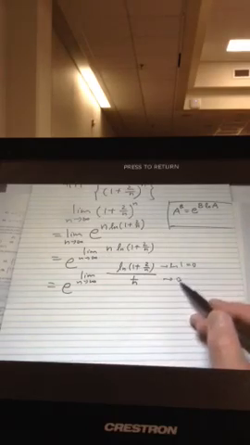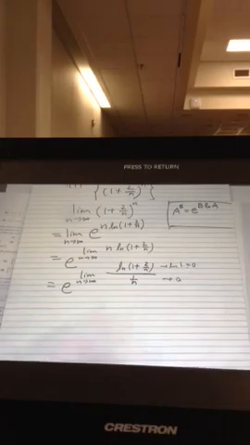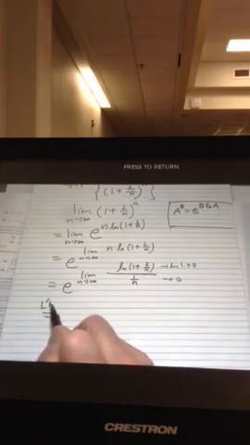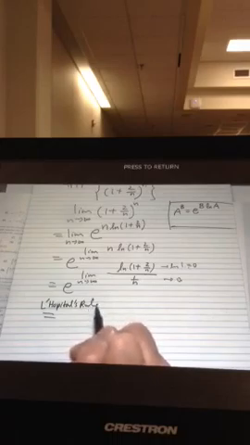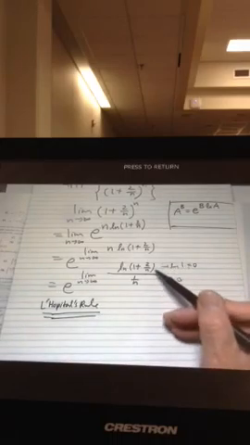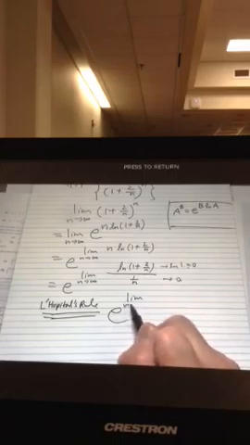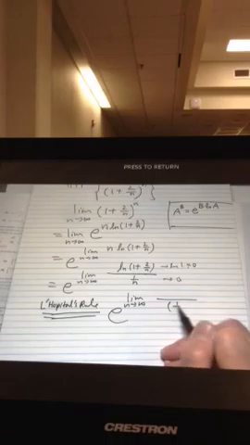Okay, L'Hopital's rule, 0 over 0. So I'm going to use L'Hopital's on this. Because it's 0 over 0, so e to the limit as n goes to infinity. Differentiate this. Let me do it slowly.